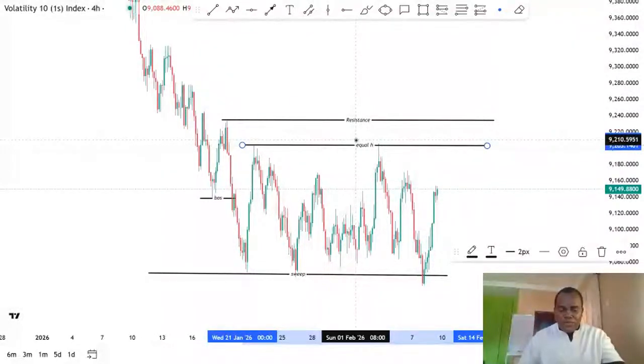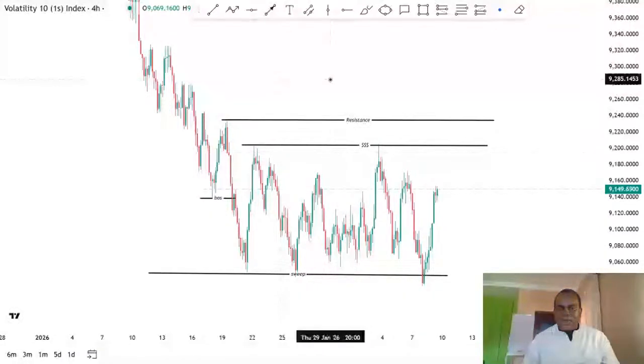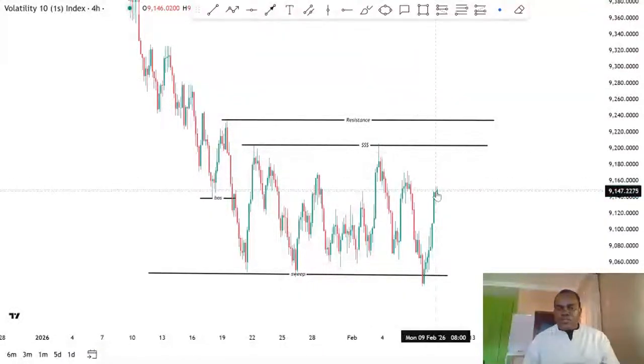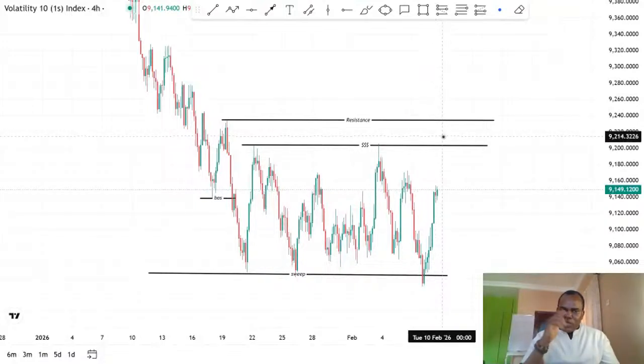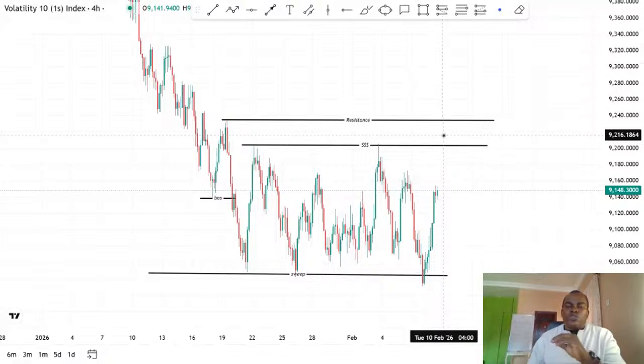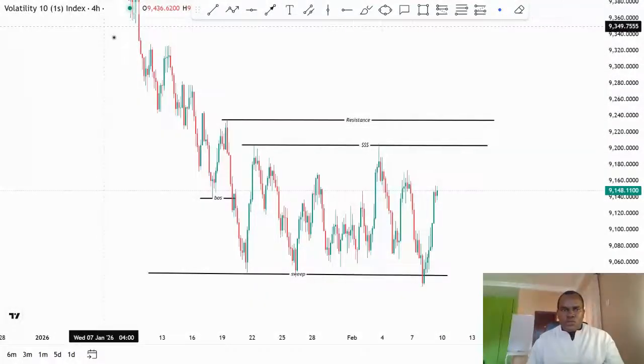Just put a dollar sign there. So there's liquidity here, equal high. So this will most likely keep going up into this zone. If that is true, I want to go to a lower time frame and look for a bullish structure. Please follow me. Now I've seen the possibility of this going up there, so I want to go to a lower time frame and look for a bullish structure.